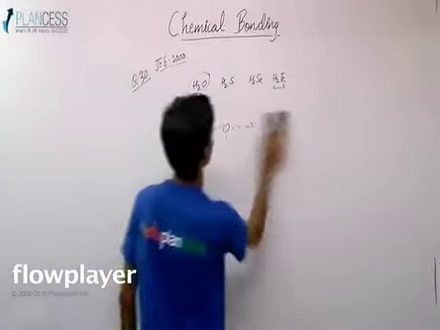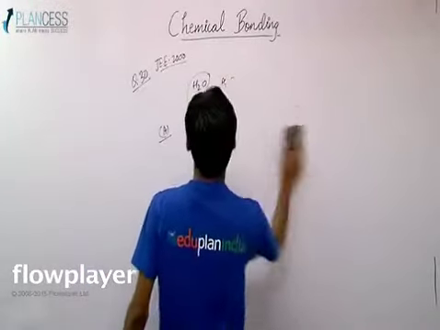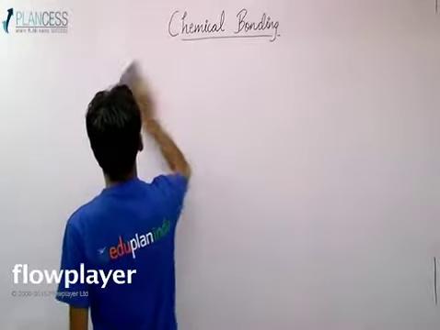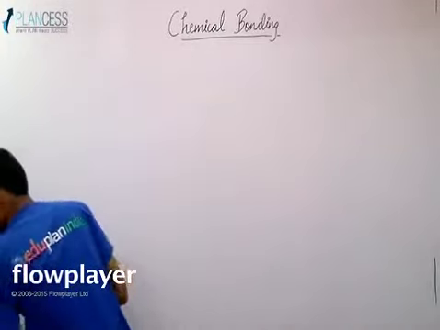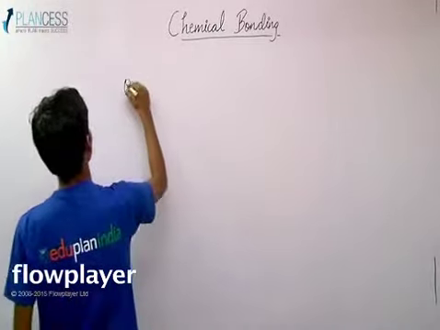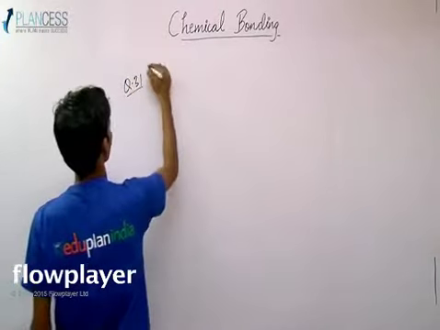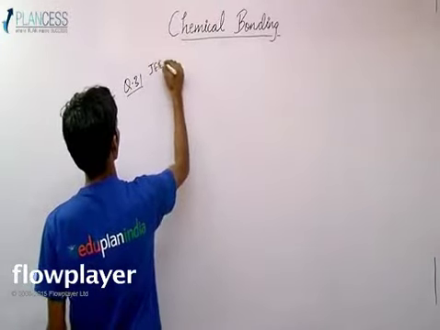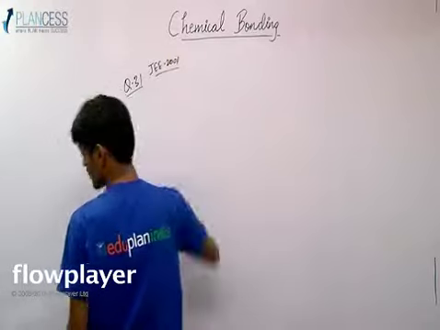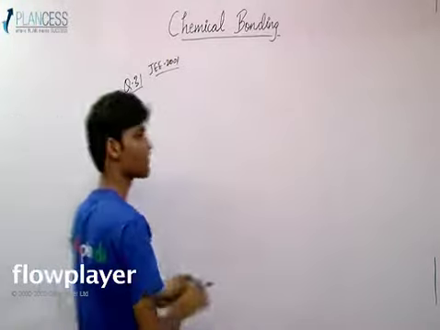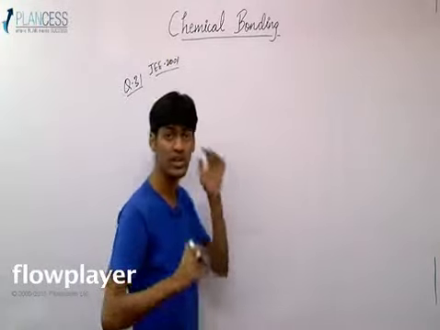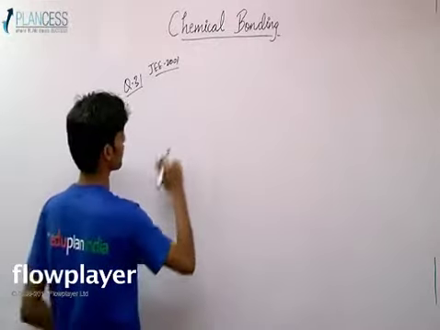The next question is question number 31. This is also asked in JEE, that is JEE 2001, an assertion reason. Question number 31, JEE 2001. The first statement is that between SiCl4 and CCl4, only SiCl4 reacts with H2O.